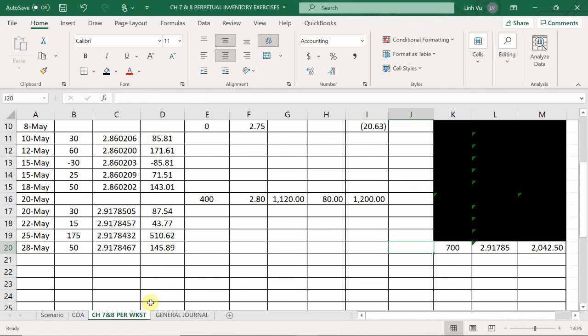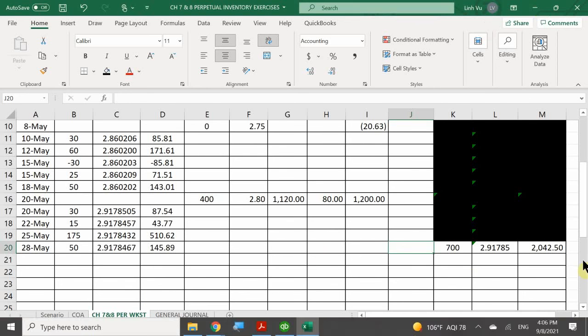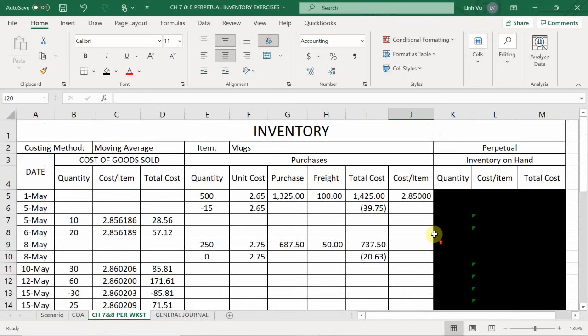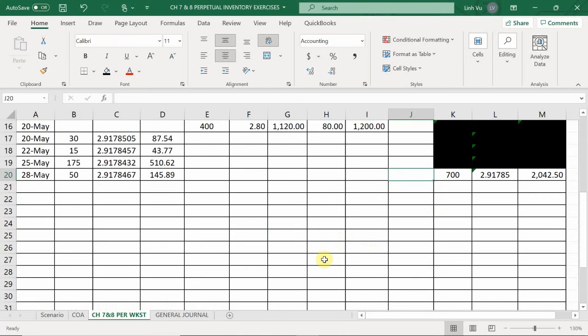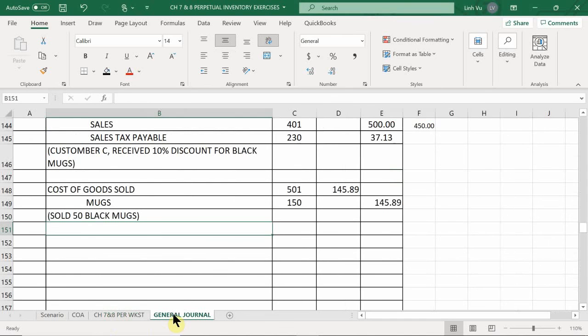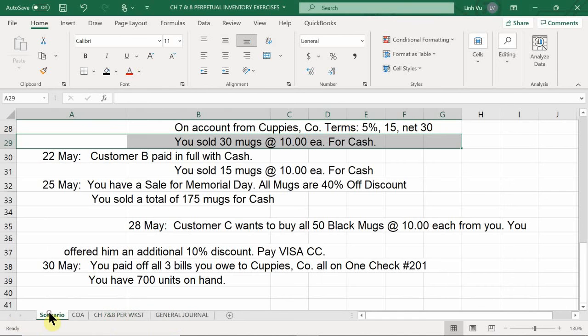And yes, we did. So in this case, we did our accounting correctly. We sold stuff, we bought stuff, and we ended up with 700 items left on hand. So my only obligation left is to pay off all the bills that I owe for Cuppy's Co.